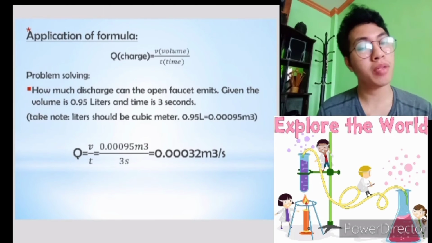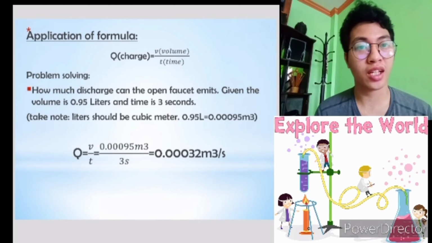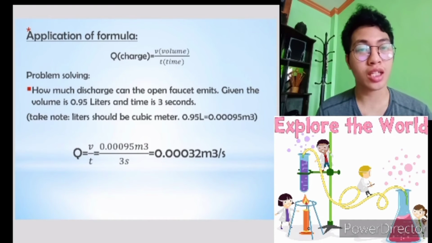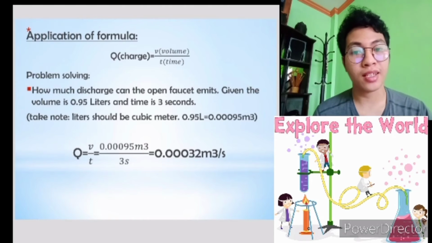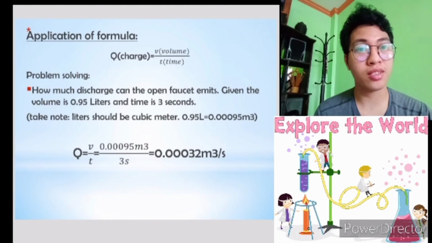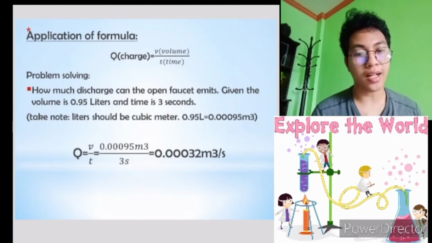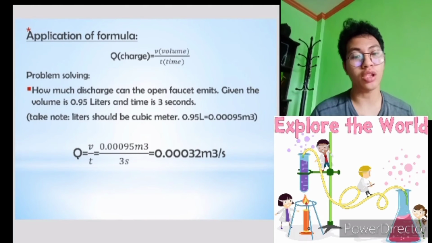After we convert the liters into cubic meters, let's check the time naman if seconds siya or not. If minutes siya, kailangan natin i-convert into seconds. So, since sa given problem, seconds naman siya, wala na tayong kailangan i-convert diyan. After that, ang gagawin na lang natin is i-substitute ito sa formula.